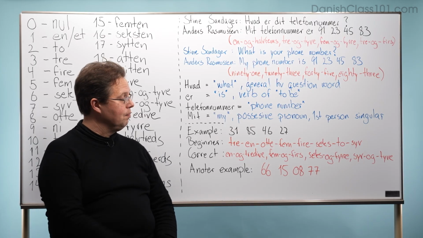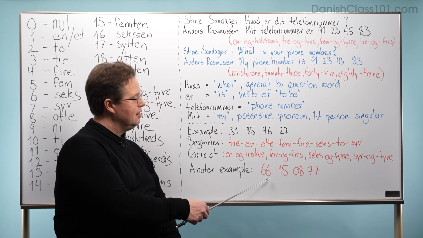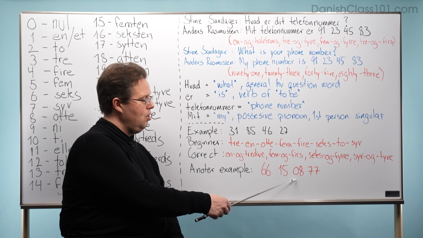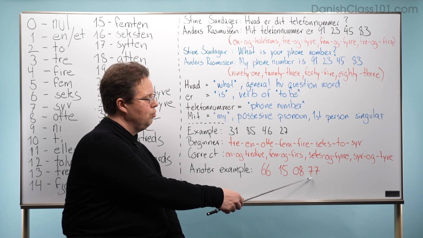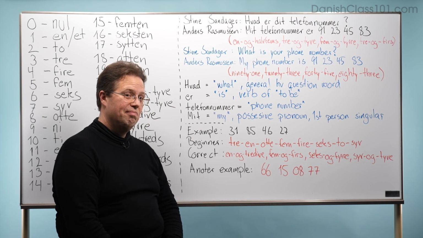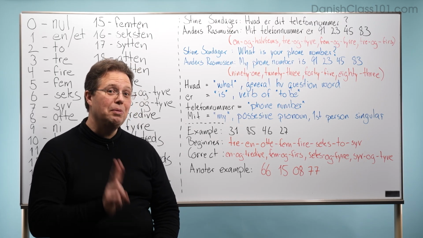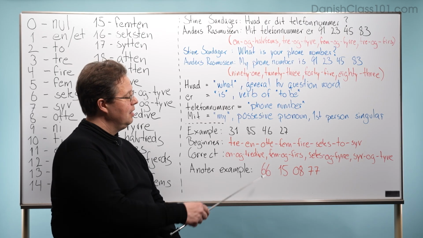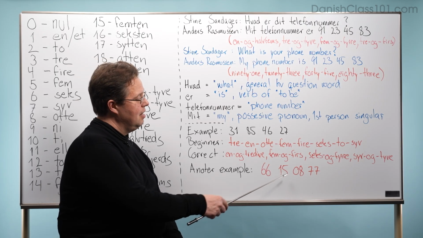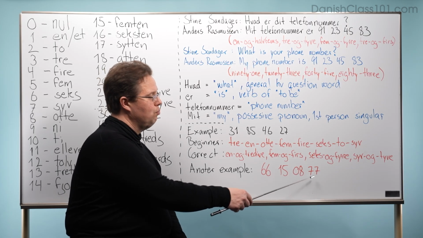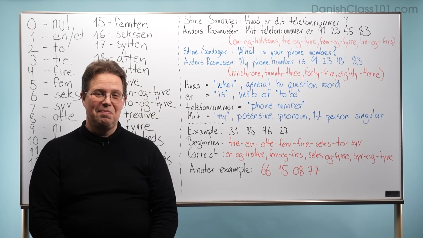Here we go. 6, 6, 1, 5, 0, 8, 7, 7. Tricky? Maybe. Let's try the correct way where we do double digits for this one. 66, 15, 08, 77. All right, there you go.